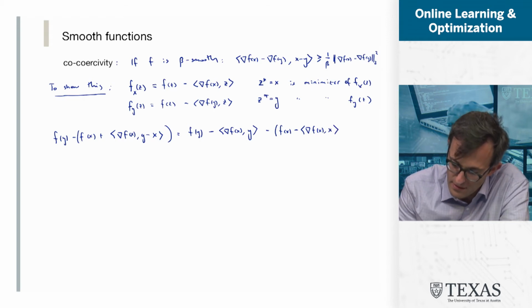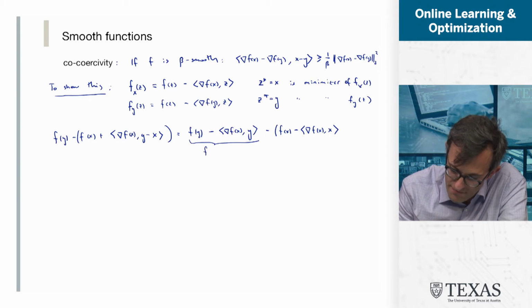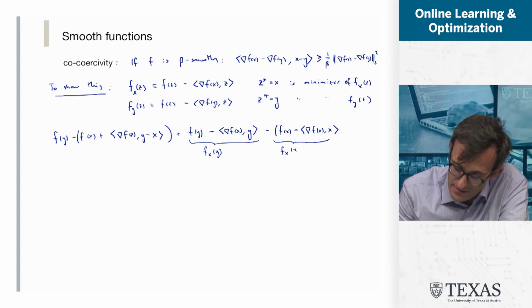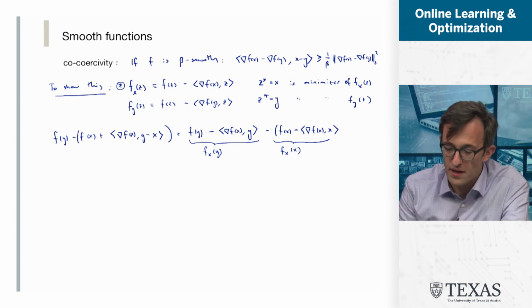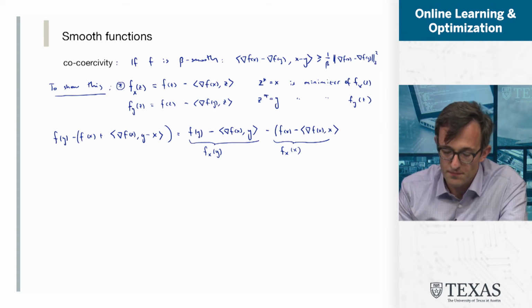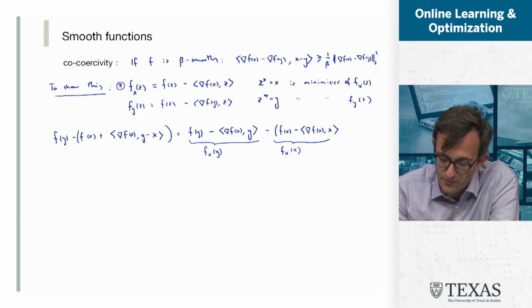So note that this is exactly f sub x of y, and this is exactly f sub x of x, looking back at how I've defined this function. Okay, so what do we have here?